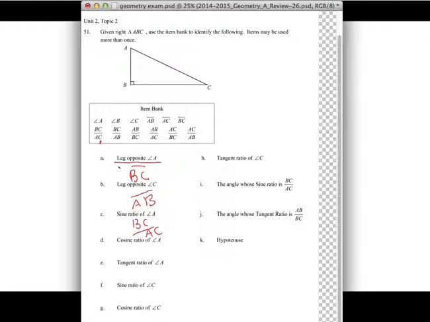And adjacent to A is going to be AB, the short one, right? Adjacent means right next to it. So it's AB over AC. Then tangent is opposite over adjacent, so that's BC over AB.